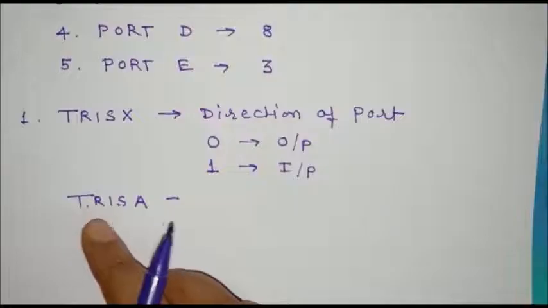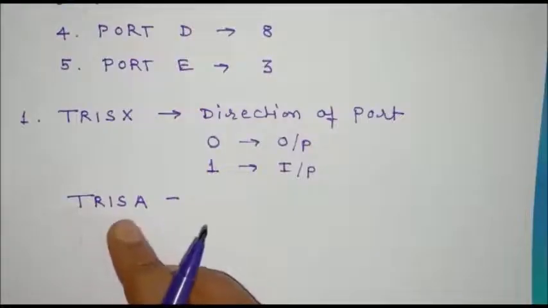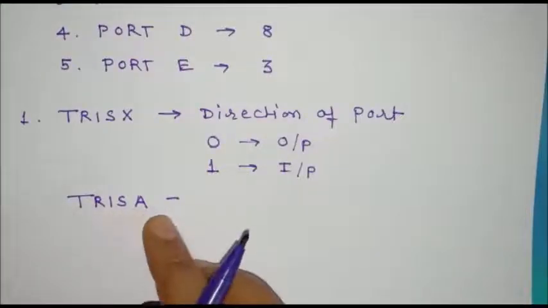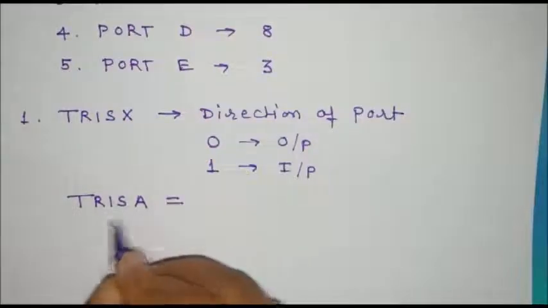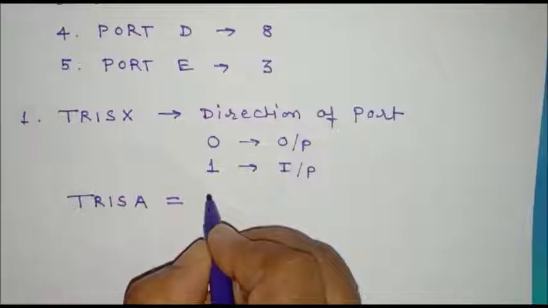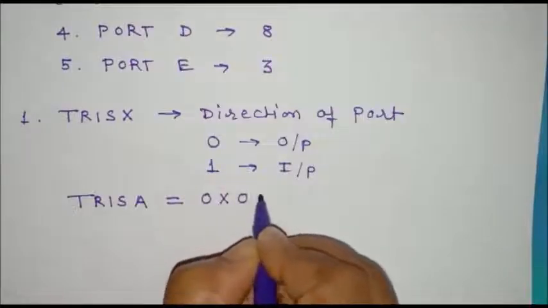Now suppose I want to use all port terminals of TRISA register as output pins, then I have to initialize TRISA register with value 0x00.